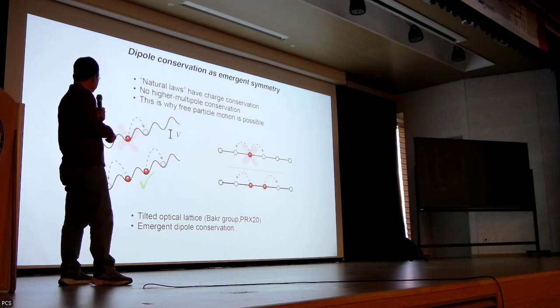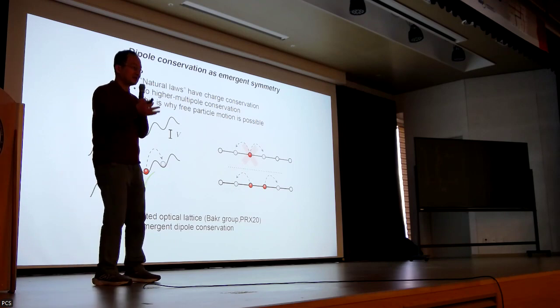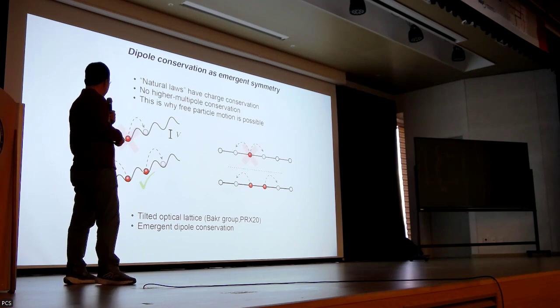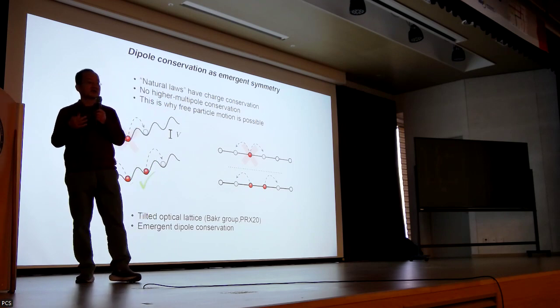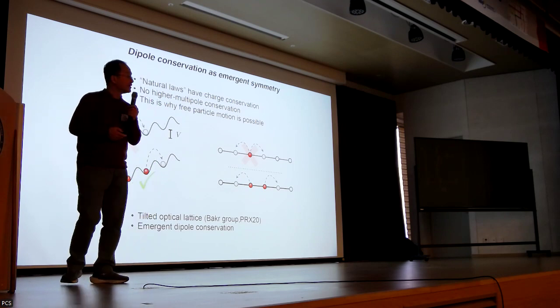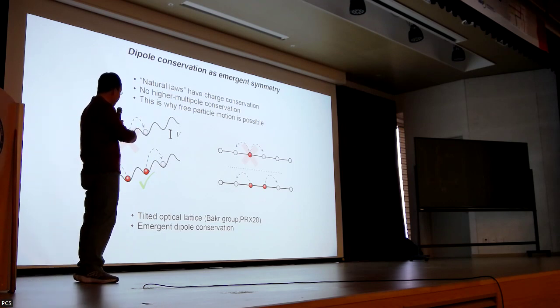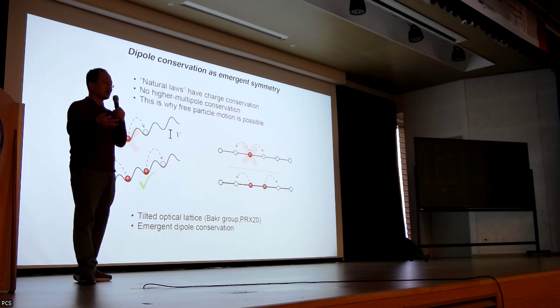However, if you pop one particle up the ladder, and at the same time, the other particle down the ladder, then you do recover the energy conservation. And therefore, such pairwise hopping processes are now encouraged and even could become dominant. And that's how you get the dipole conservation as an emergent phenomenon.